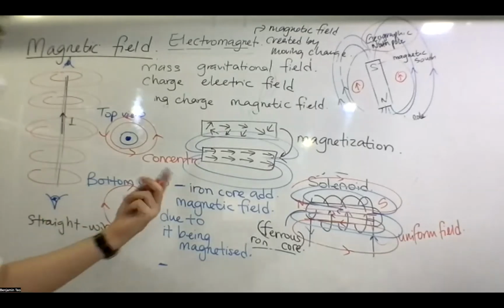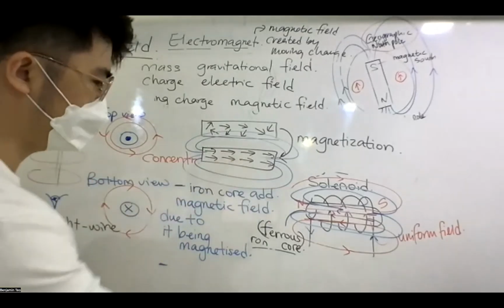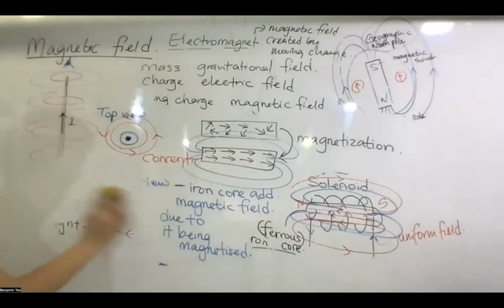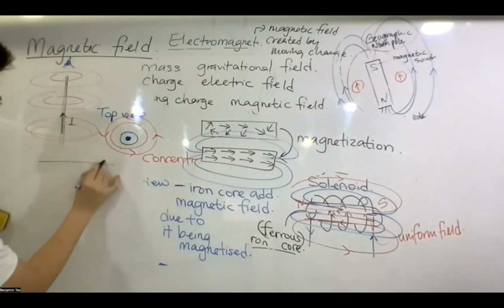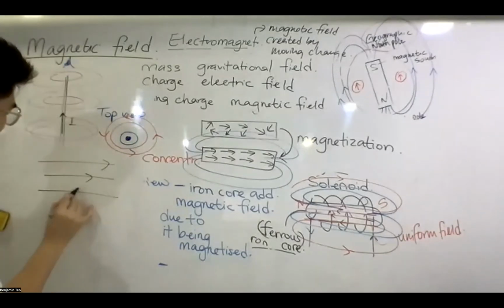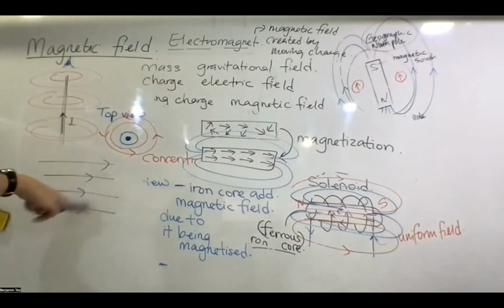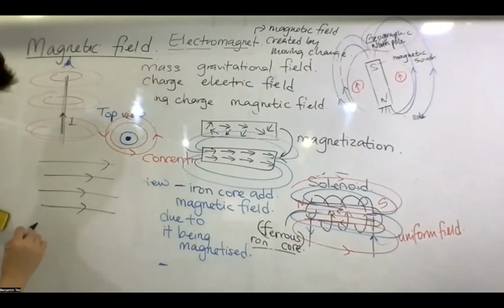Number two is also because of the core. Let's say this is the field, okay? This is the magnetic field. If I put a core in the middle, how will the core change the magnetic field? The magnetic field will look like this.